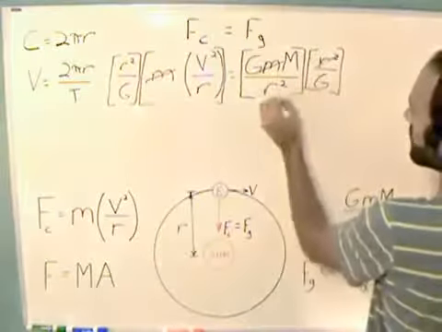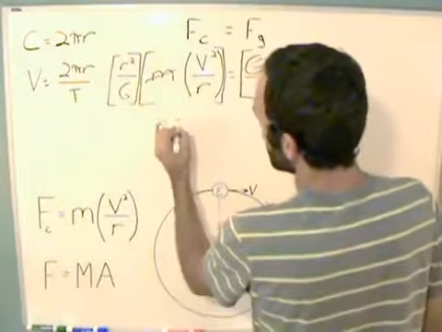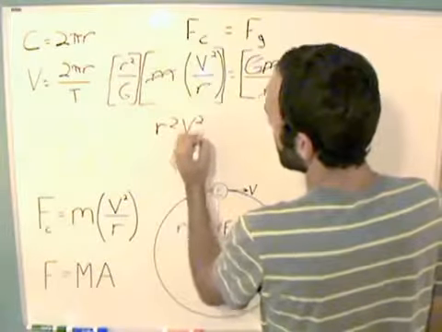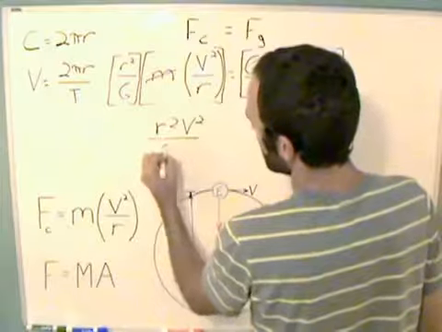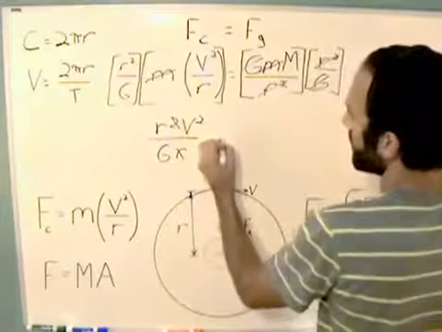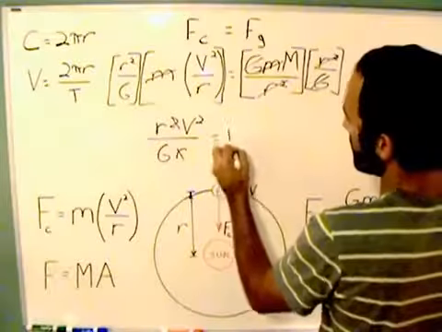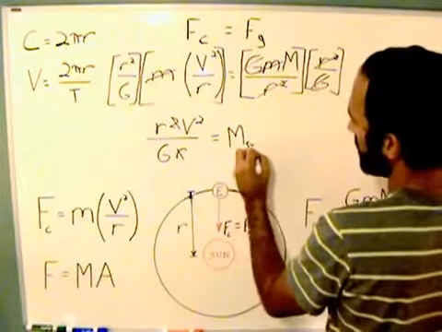So r squared cancels, G cancels. Over here you've got r squared times v squared over G times r. And then this r cancels. So you really just have r times v squared over G is equal to the mass of the sun.